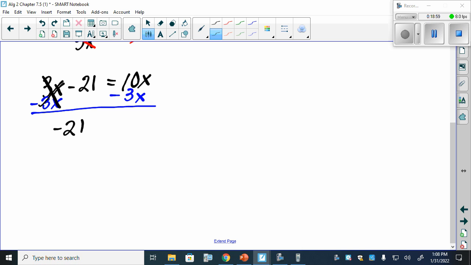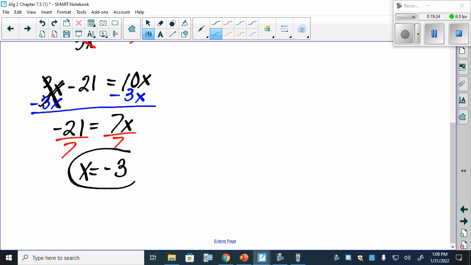So negative 21 is equal to 10x minus 3x, which is 7x. Last but not least, we need to divide both sides by 7, telling us x is equal to negative 3. And that's all we need to do for this here.